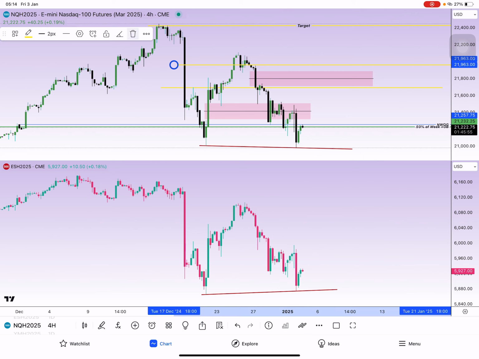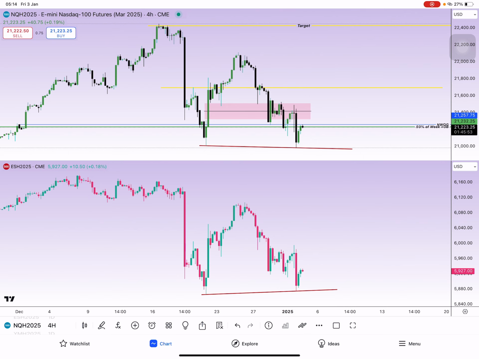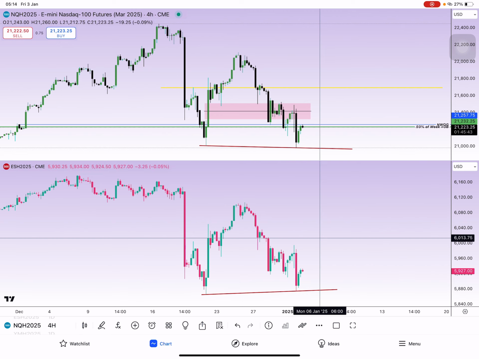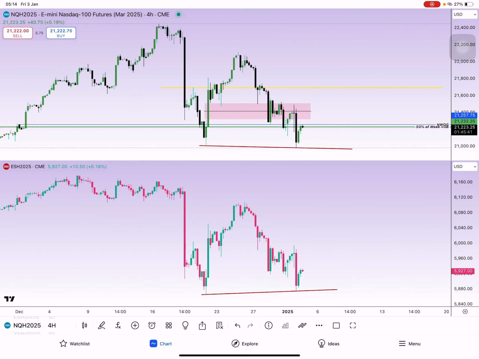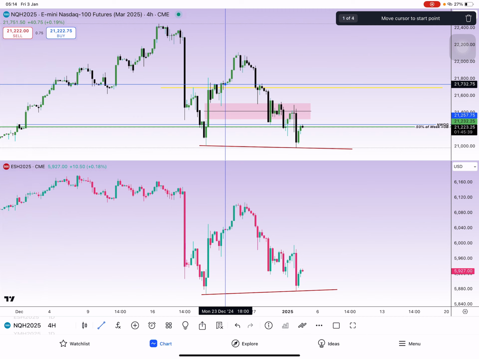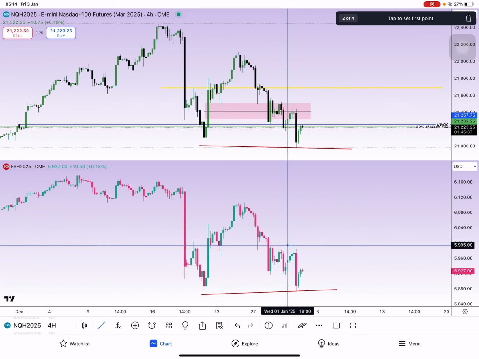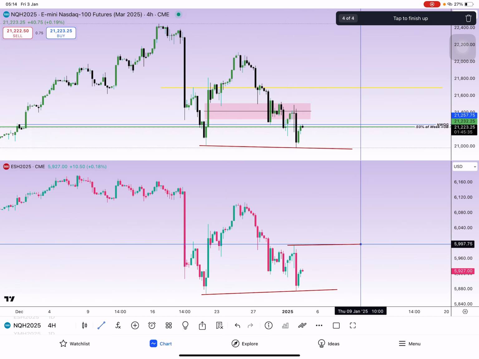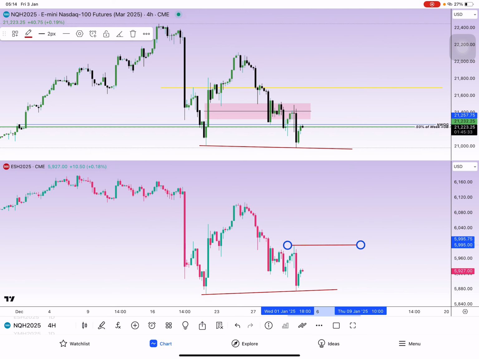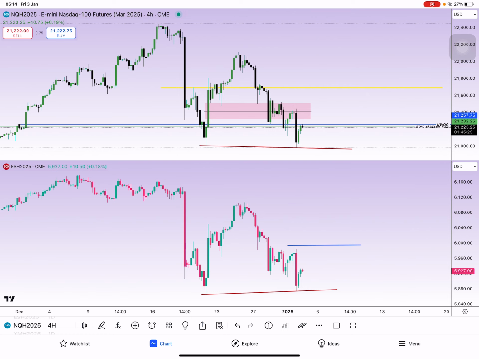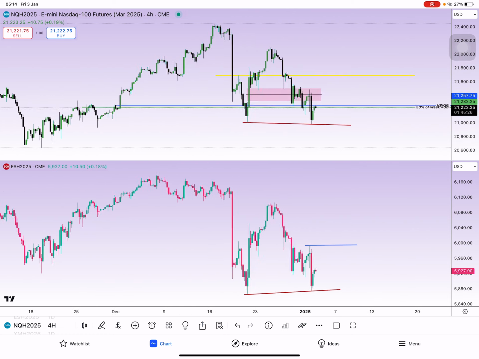So I believe we can move higher, but I won't recommend buying until it takes this high on ES, and this high should be taken out with some strong momentum if we want to see a bullish price move.